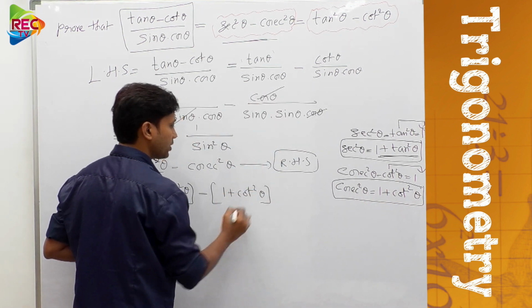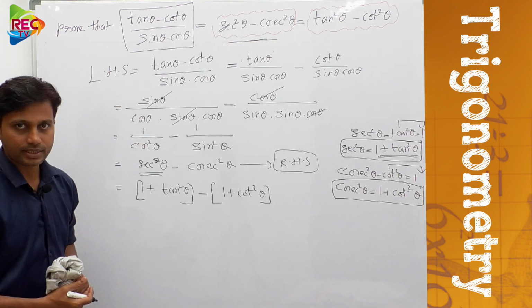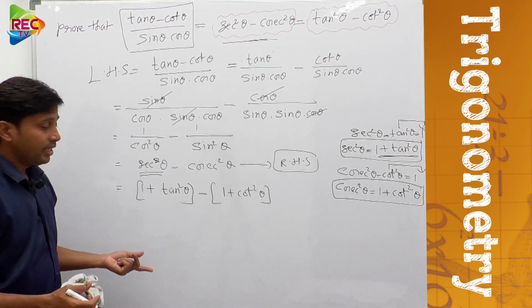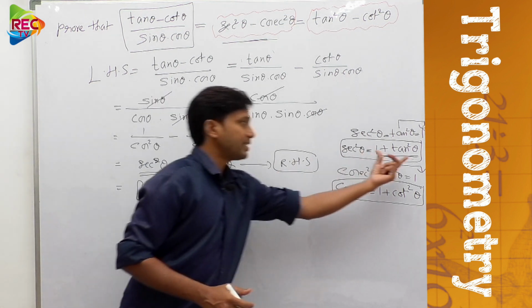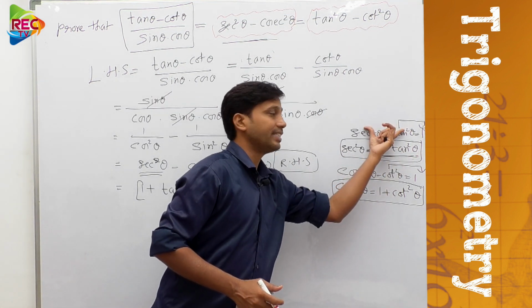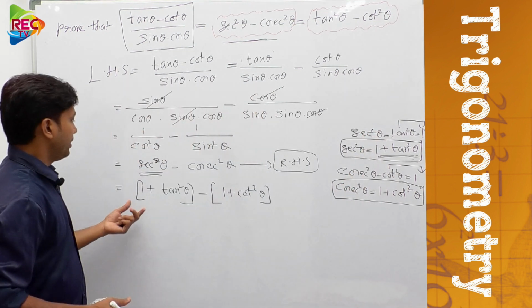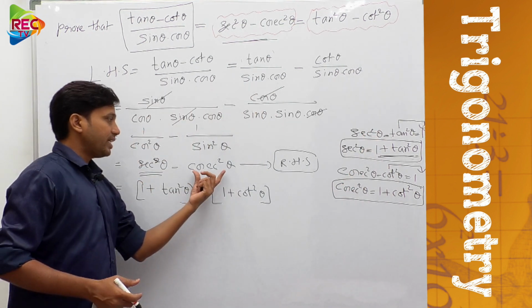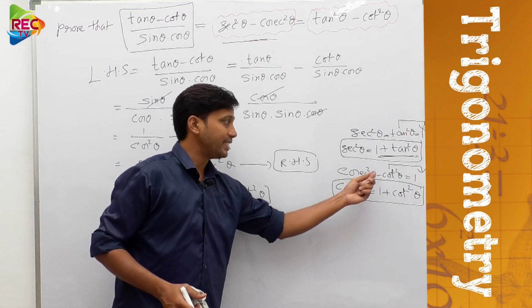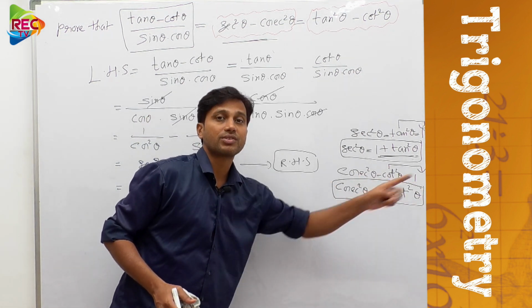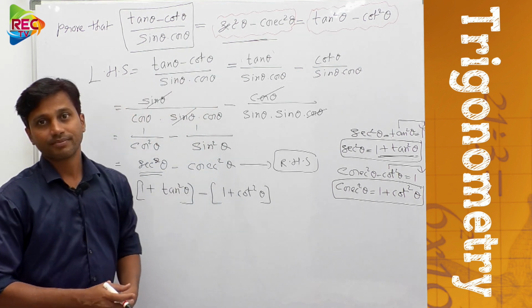Exactly. 1 plus cot square theta we can substitute like this. I have done nothing here. I just have substituted secant square theta with 1 plus tan square theta from the basic identity, right. And I have substituted cosecant square theta with 1 plus cot square theta, that is also from the basic identity, cosecant square theta minus cot square theta equal to 1, right.